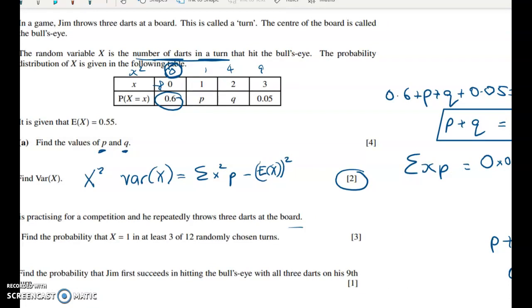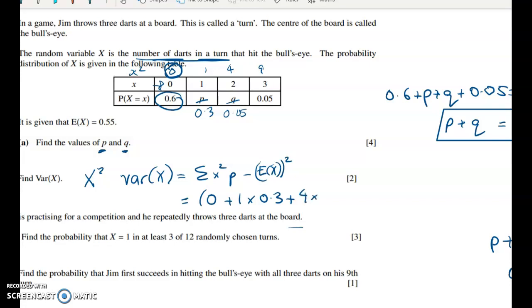Right, so we're working out this measure of how spread out the distribution is. And we know now what P and Q are, so we can write those into my table. So P worked out to be 0.3 and Q worked out to be 0.05. That means that in here, the variance will be 0 plus 1 times 0.3 plus 4 times 0.05 plus 9 times 0.05.